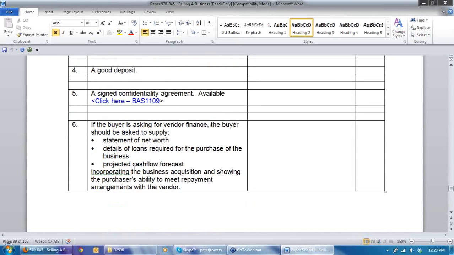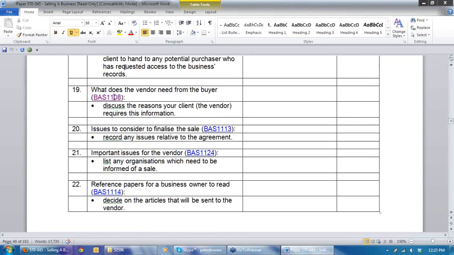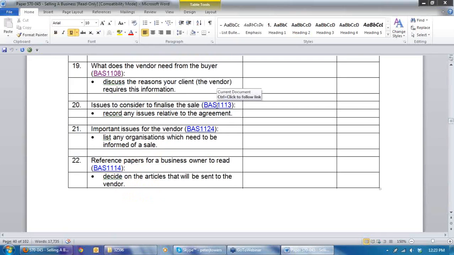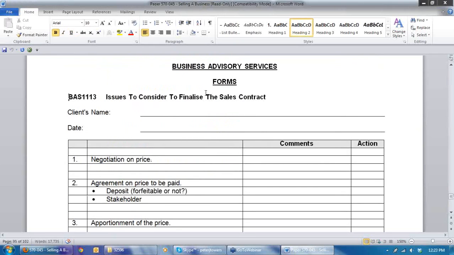You may have to go in and ask questions about their net worth and look at how much money they're also borrowing from other people and how much they're wanting left in as vendor finance, to determine whether they're going to have the ability to repay your client if they've got to offer vendor finance.